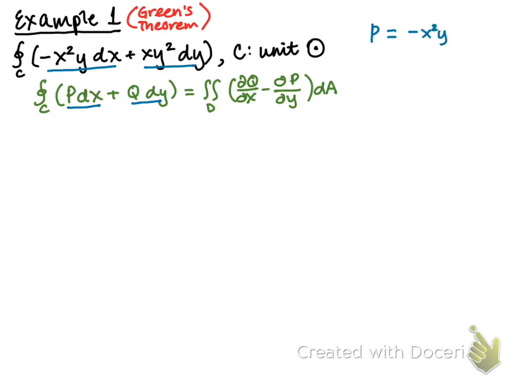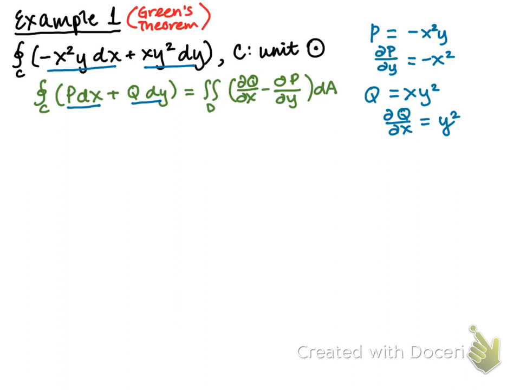And so the partial derivative of P with respect to y is negative x squared. And then our Q is xy squared. So partial Q partial x is y squared.